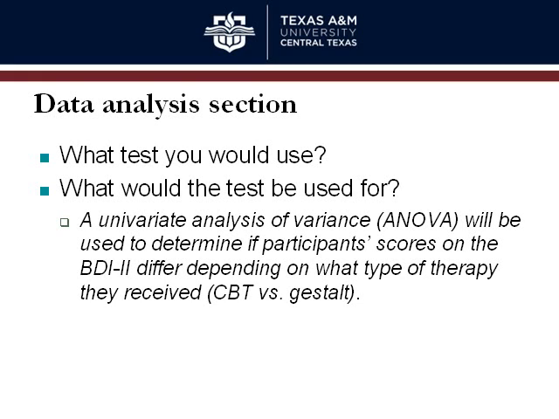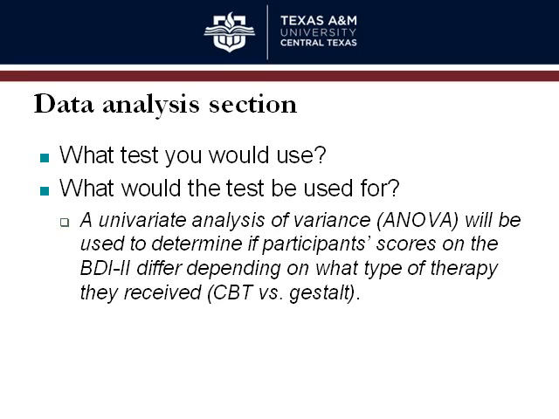I'll say univariate ANOVA will be used to determine if participants' scores on the BDI-2 will be lower if they receive CBT than if they receive Gestalt therapy. However you want to say it, just make sure you say what the test is and what it'll be used for in terms of how you're measuring the dependent variable. So you need to be naming that tool, that method, that approach for measuring your DV in this section.